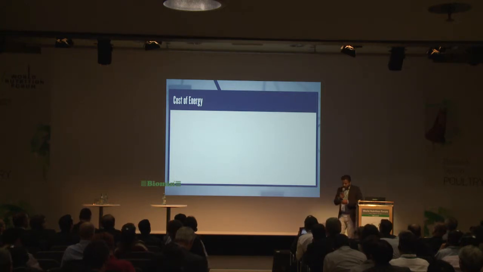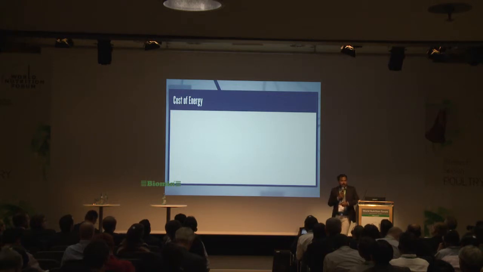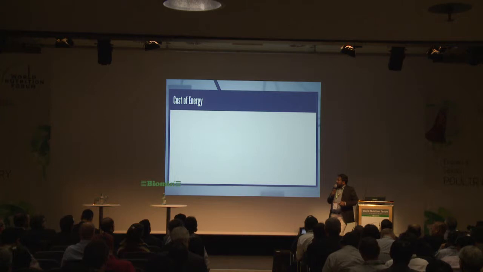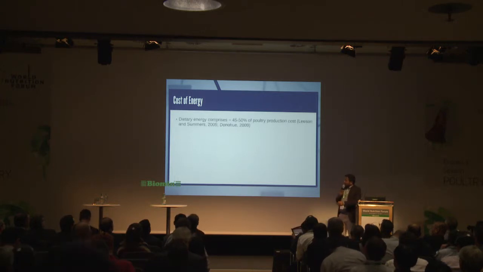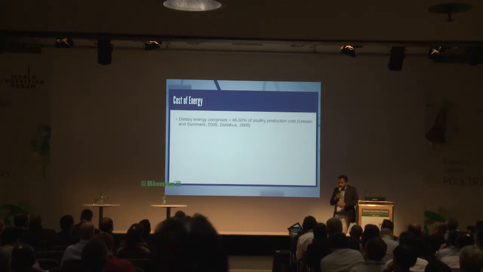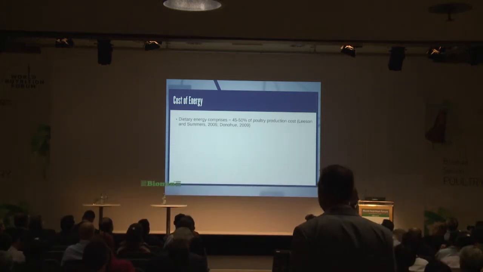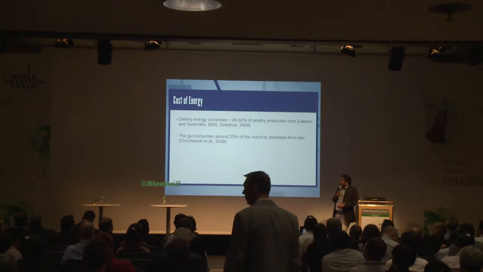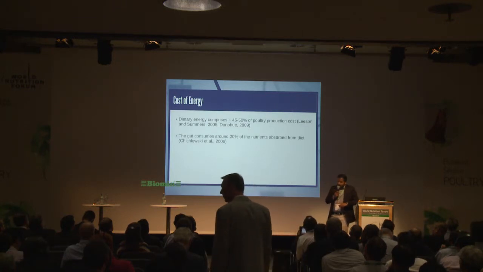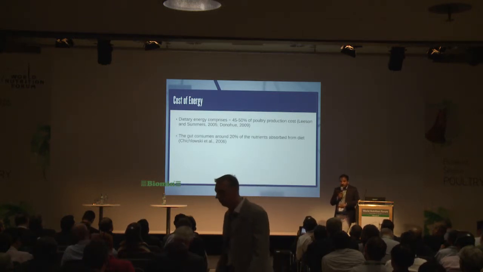How far do these subclinical challenges affect us on a day-to-day basis? It's obvious we tend to lose performance. Dietary energy comprises 45 to 50% of poultry production cost, either in broiler or layer production. But the gut consumes around 20% of the nutrients absorbed from the diet.